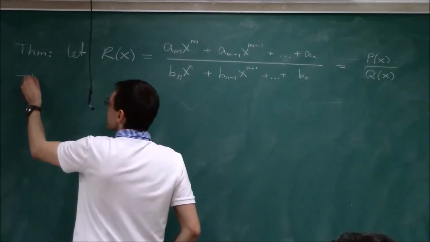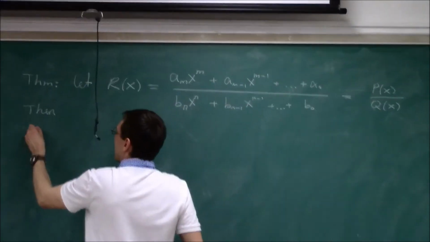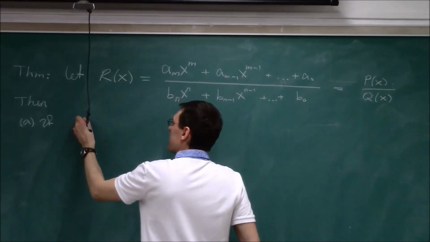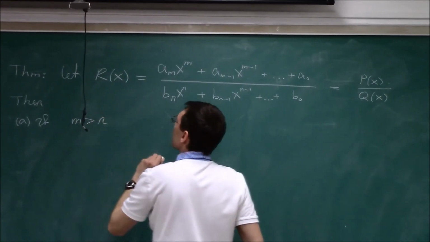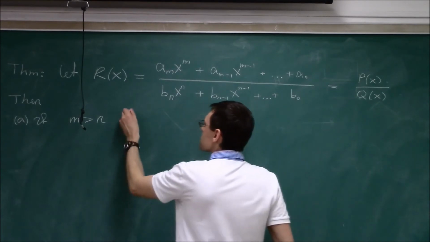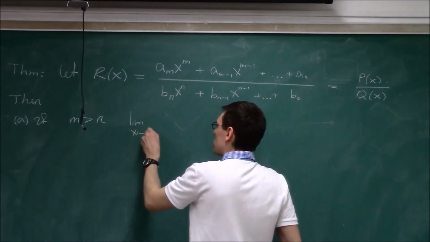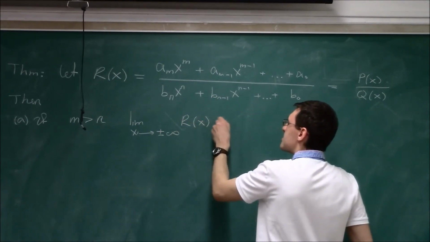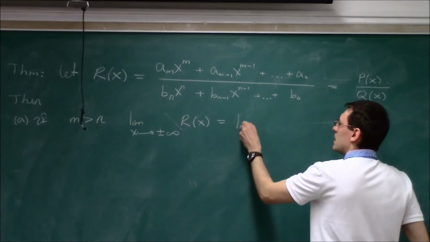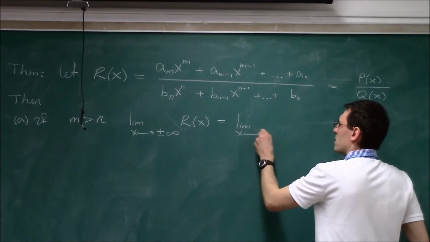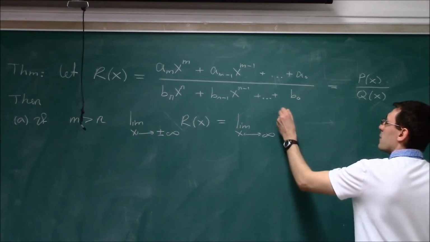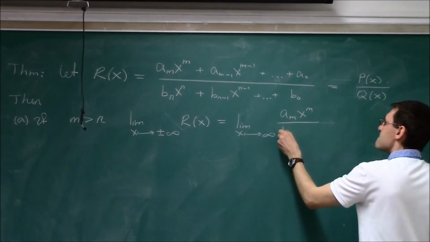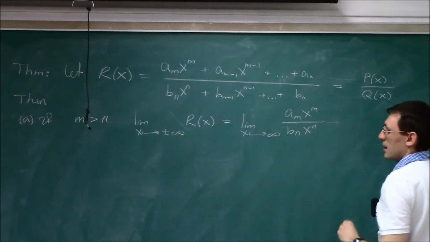Then A, if m is bigger than n, the limit as x goes to plus or minus infinity of r of x will be the same as the limit where x goes to infinity of the coefficients a_m x to the m over b_n x to the n.